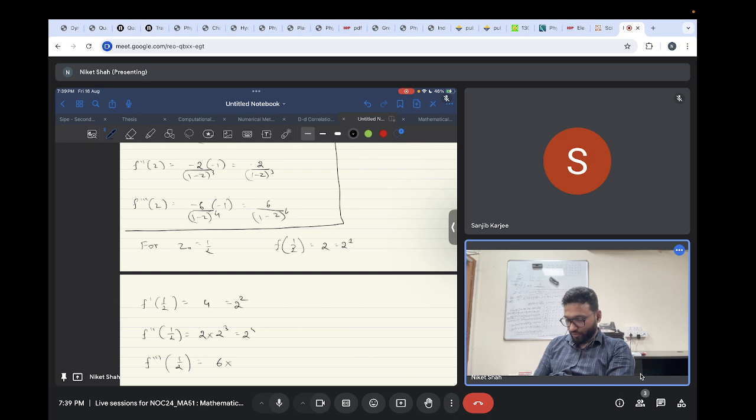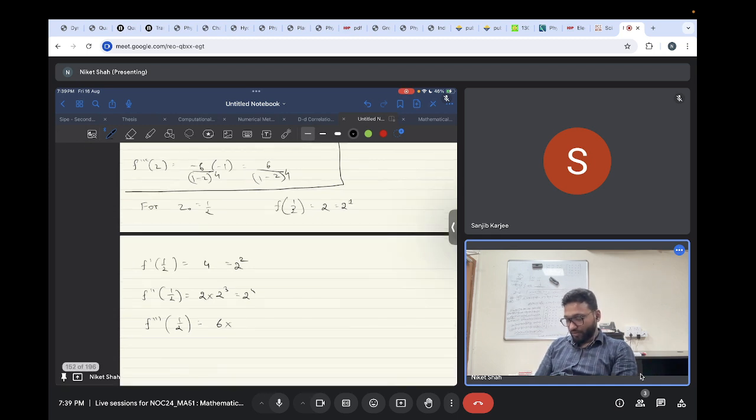Power here is 4. So 6 into 2 raised to power 4, which is equal to 3 into 2 raised to power 5.